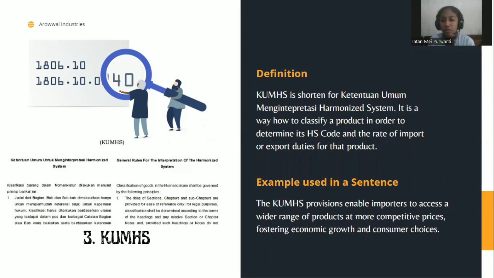An example sentence: the KUMHS provisions enable importers to access a wider range of products at more competitive prices, fostering economic growth and consumer choices.